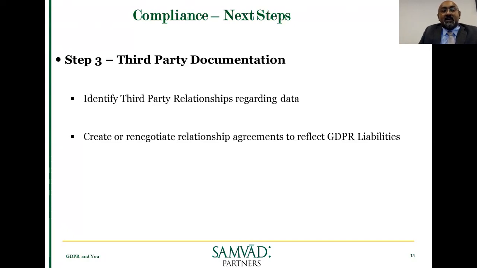The GDPR specifically allows that any compensation claimed by a data subject against a person can be claimed against another person who they believe was contributorily in violation of the GDPR. So basically, controllers can claim indemnification from processors, and they can claim damages from them for their failure to comply with GDPR.